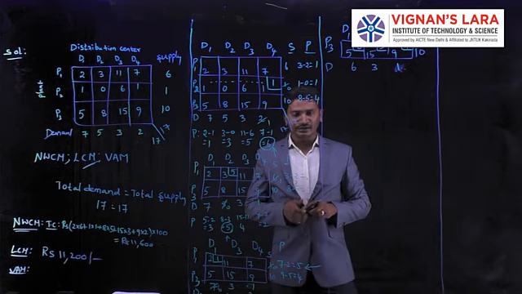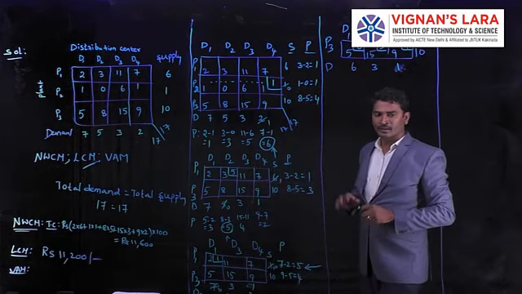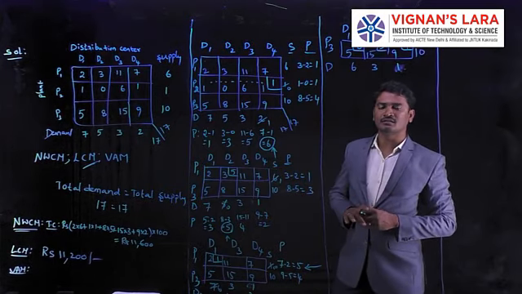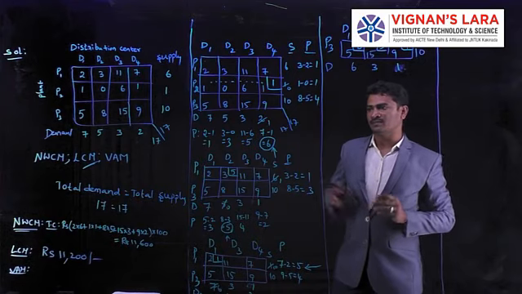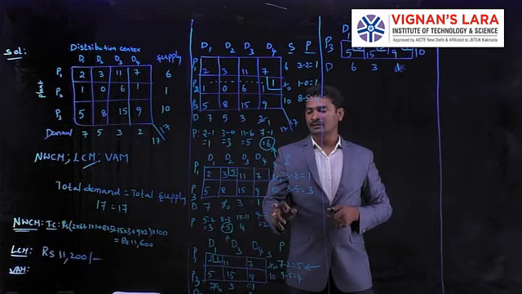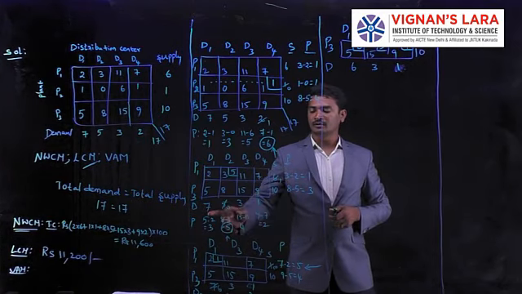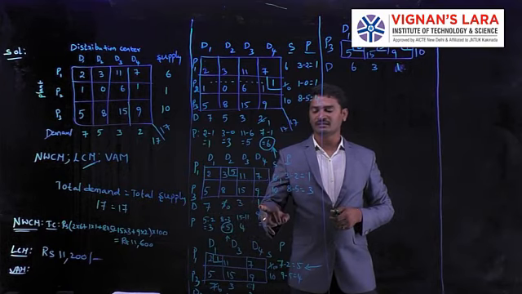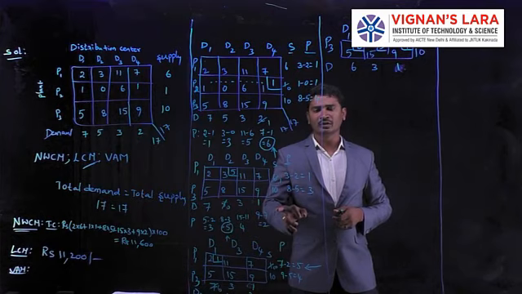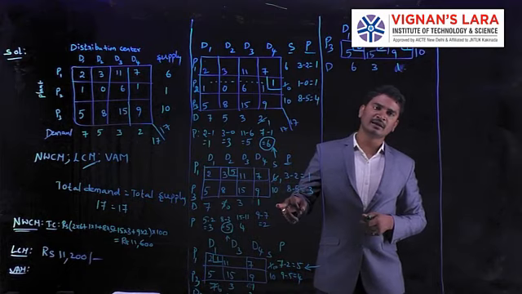Here we have one beauty. What is that? In these transportation problems, when we are calculating the initial basic feasible solutions, at every step we can cross check the demand and supply. For example, if we take this table, here we have 7 units, 5 units, 3 units, 1 unit. The total is 16 units supply, and here also 16 units. In every table we get the rim condition, we get the balanced transportation.